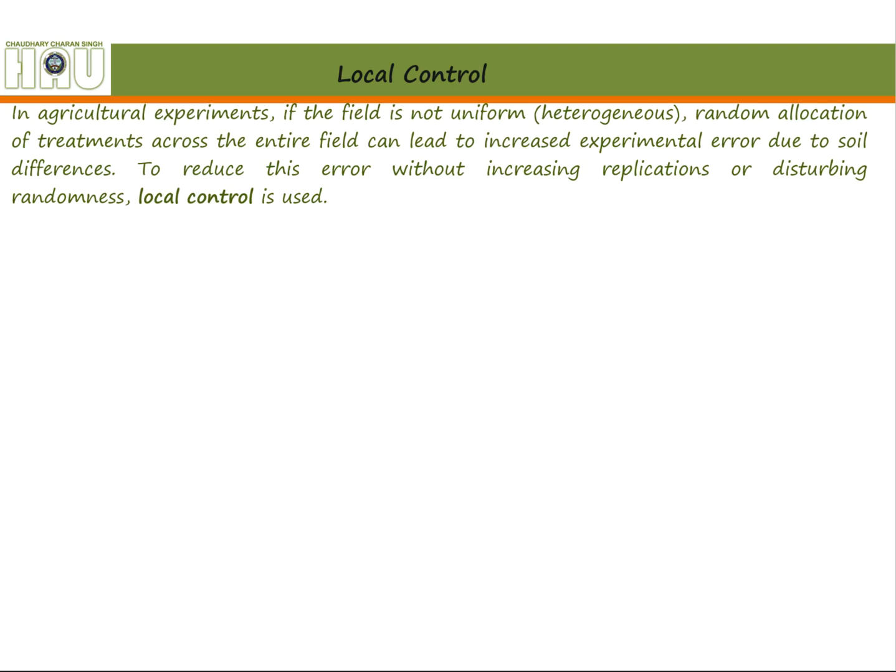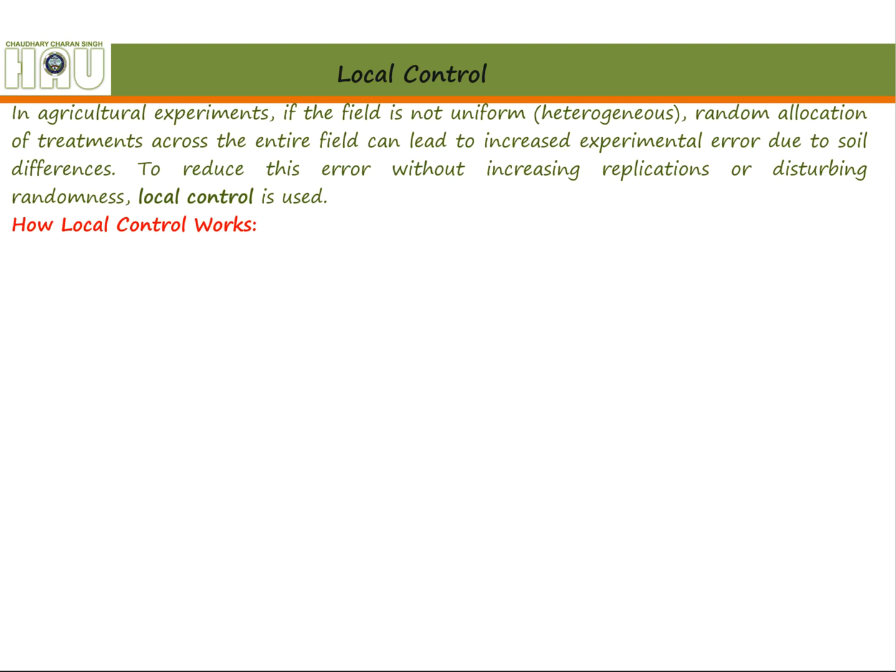So how does local control work? The experimental field is first divided into homogeneous groups. Then the question arises how you can divide a heterogeneous field into homogeneous groups. That can be done with the help of the fertility gradient.